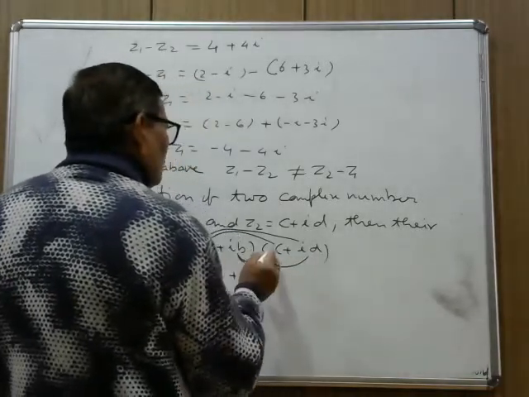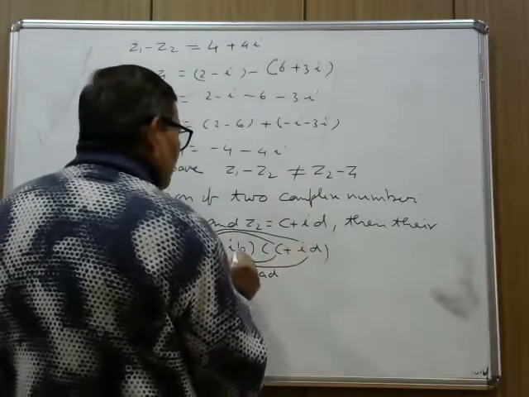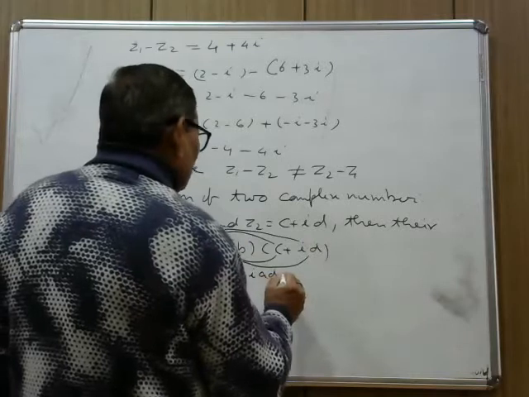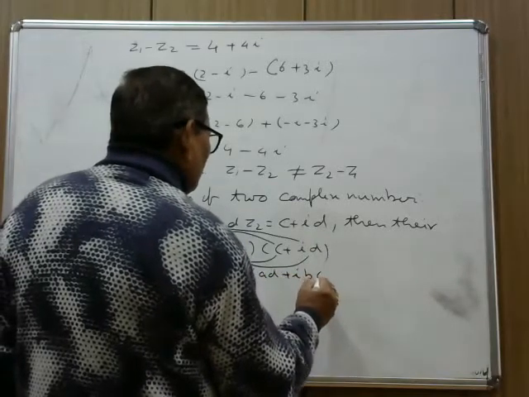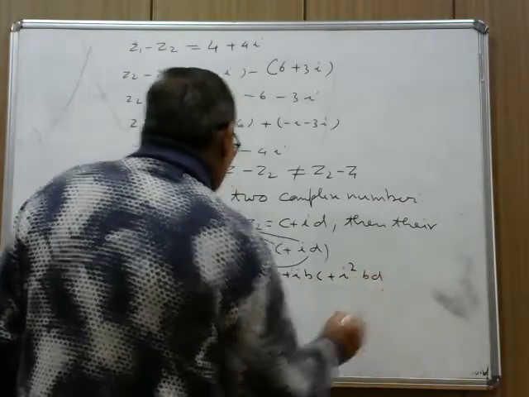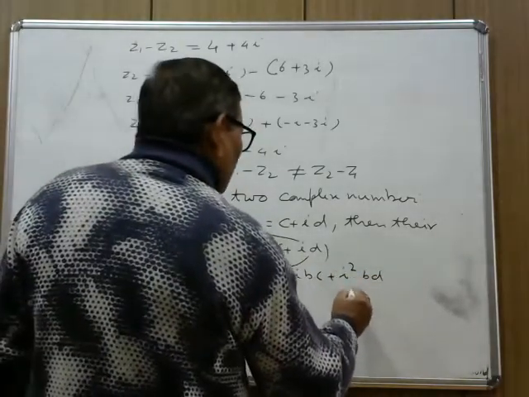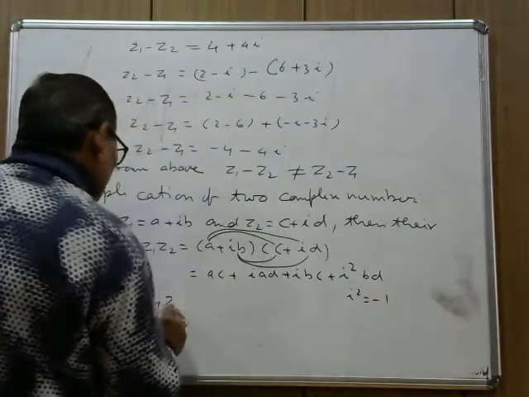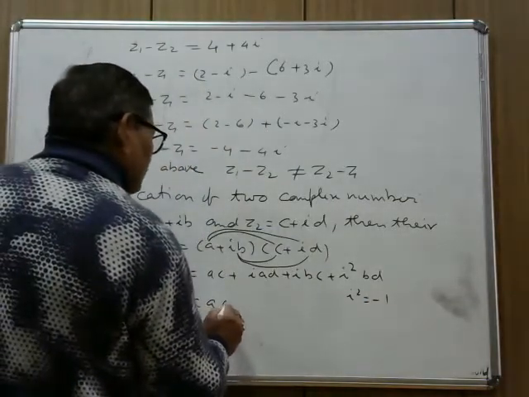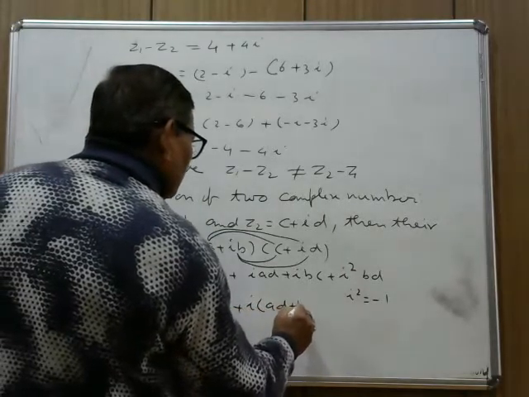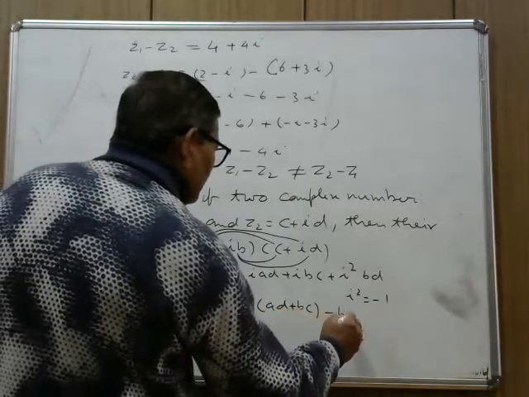Then you multiply the second term to the first term, then the second term to the second term. So this is plus ibc plus i square bd. So you substitute i square equals minus 1. So your product Z1 Z2 can be written as ac plus i into ad plus bc minus bd.